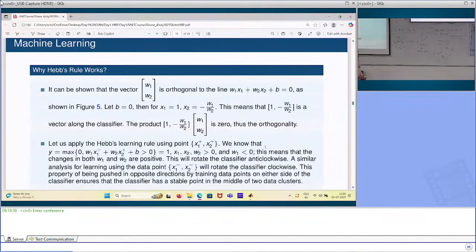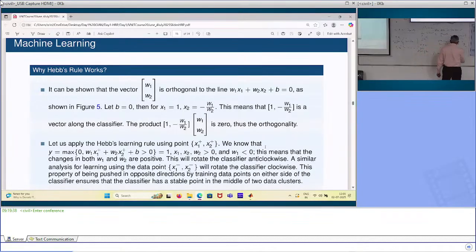No loss of generality in picking up x1. So these are the things you have to think: had I taken x1 equal to 2, what would happen? So that you don't have this doubt, if I take x1 equals 2, then x2 equals minus 2 W1 on W2. You can try this too.